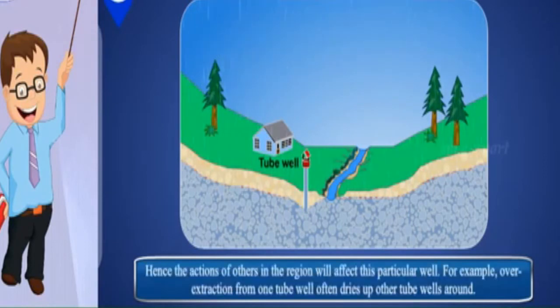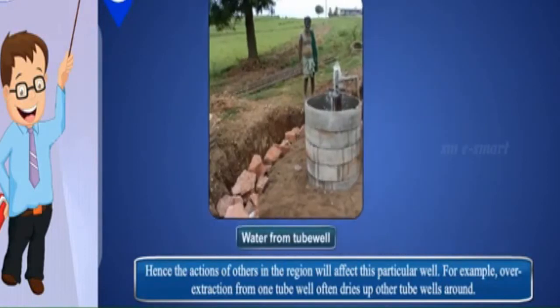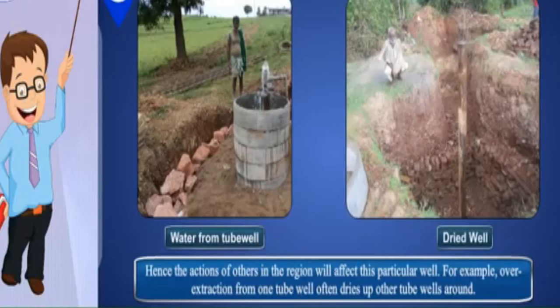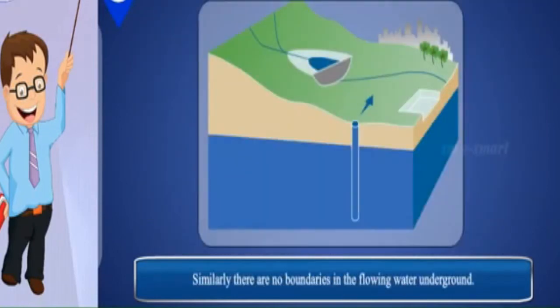Hence, the actions of others in the region will affect this particular well. For example, over-extraction from one tube well often dries up other tube wells around. It is therefore inappropriate to think of ownership of a flowing resource such as water and air. Similarly, there are no boundaries in the flowing water underground.